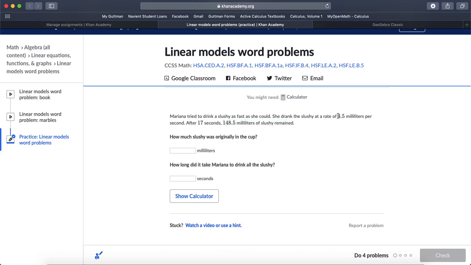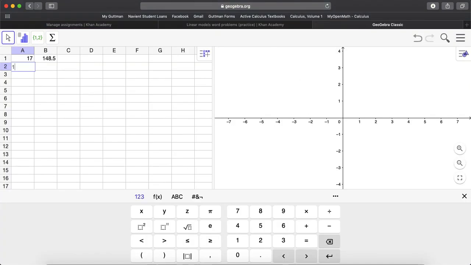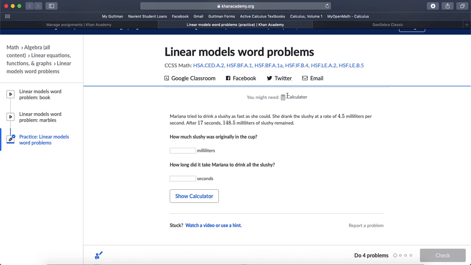Then I can use the pattern that was given to me to determine how much slushie is remaining after 18 seconds. I was told the pattern is 4.5 milliliters per second. She's drinking this amount per second. That means that the amount that's remaining is decreasing.